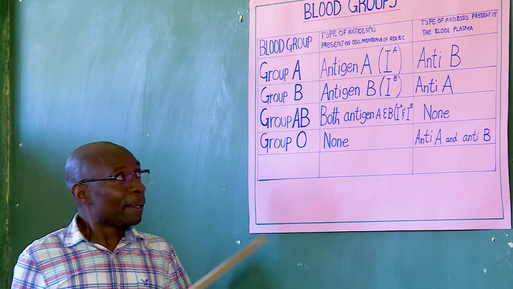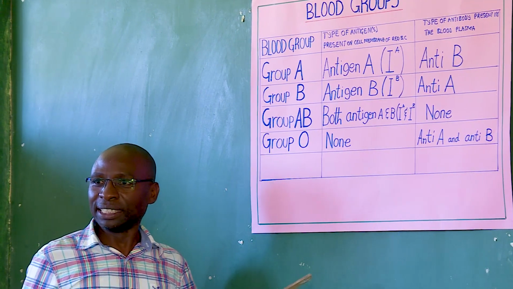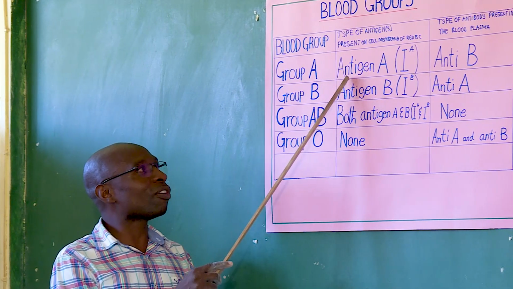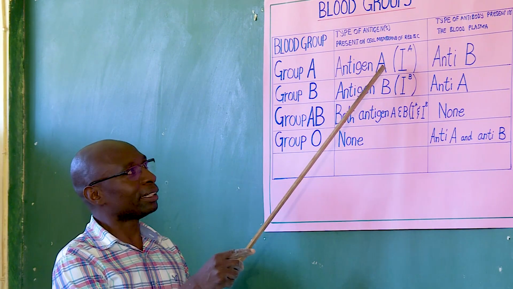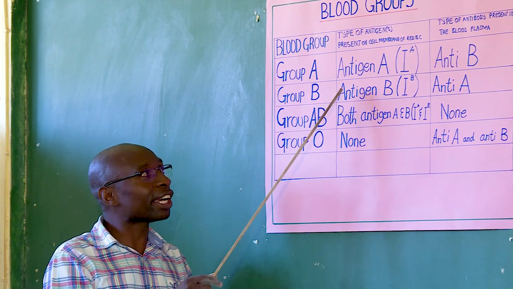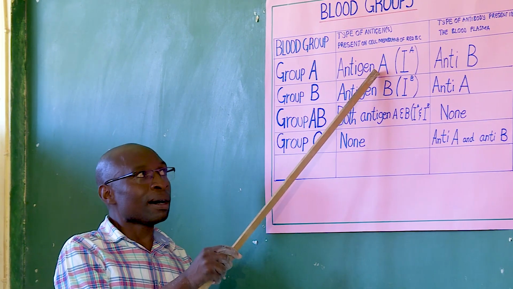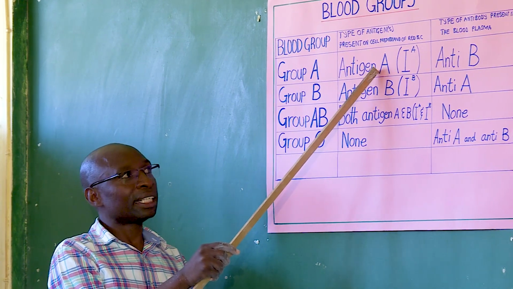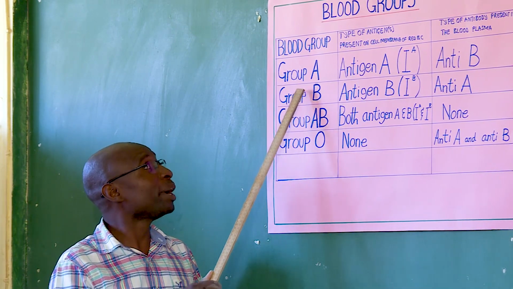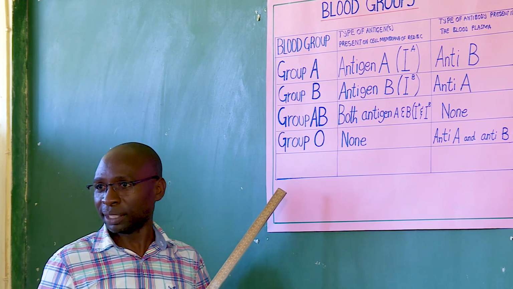That chemical is like an indicator chemical, which is going to show the presence of antigen A and antibody B. If it shows the presence of antigen A and antibody B, then they will know that the blood group is blood group A.